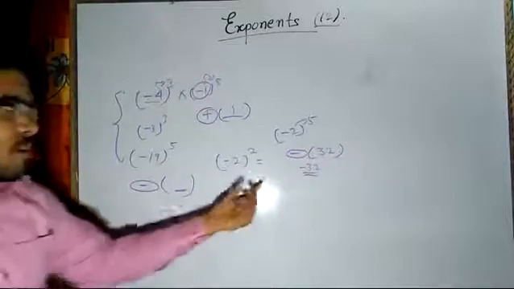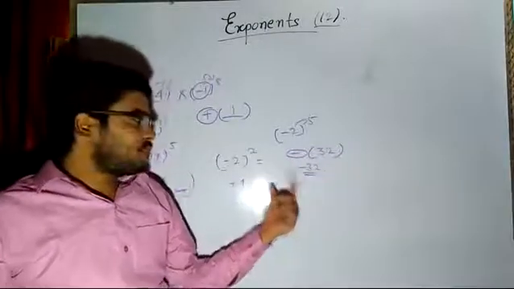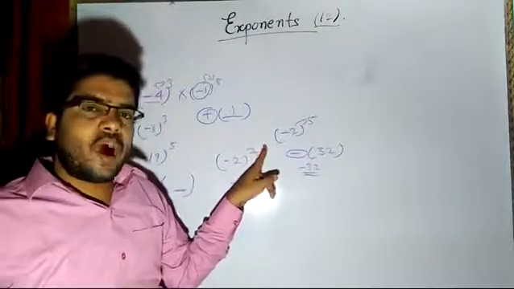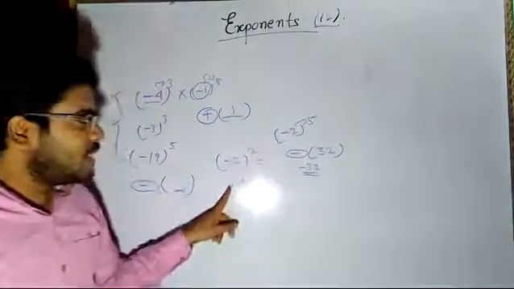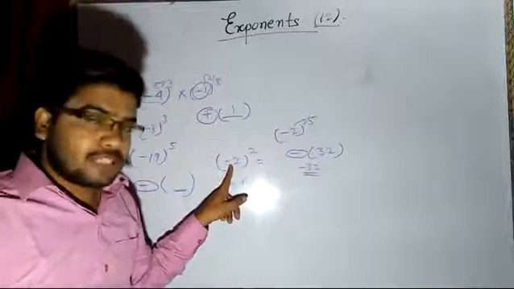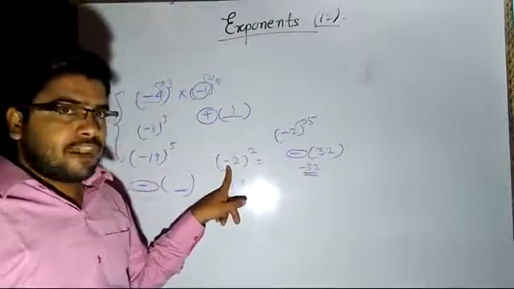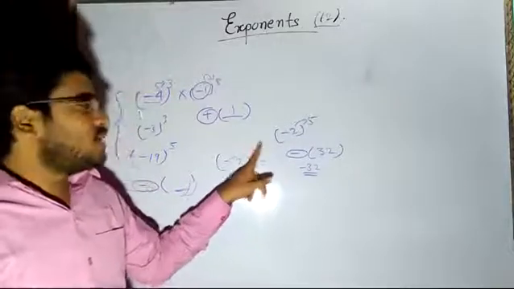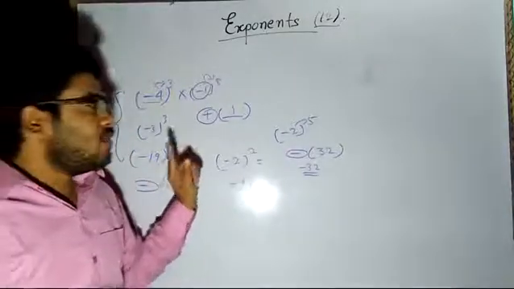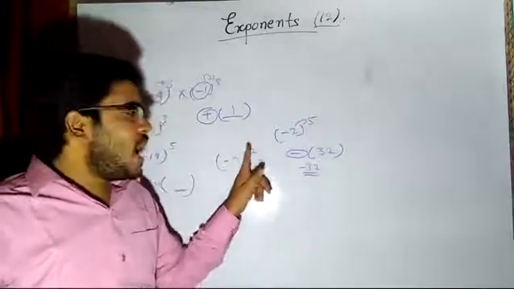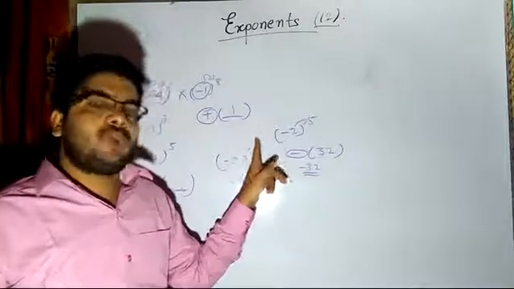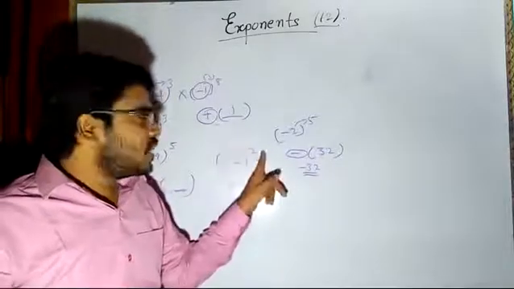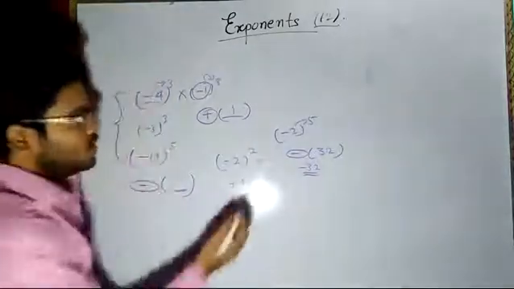So this thing you have to remember, my dear students, that whenever we have an odd exponent with a negative base, the result will be negative. If we have a negative base and the exponent is an even number, then the result will be positive, like you have seen here.